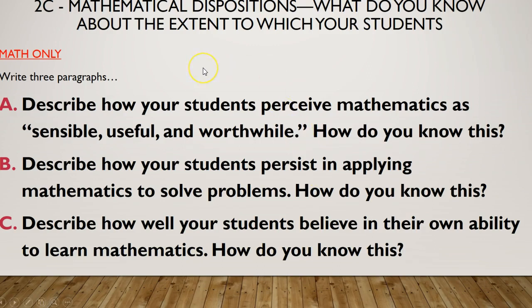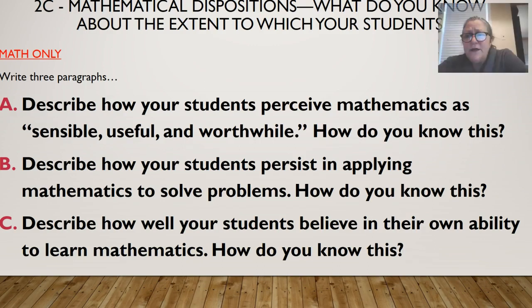When you get to 2C, this is only for math. Math has to write about mathematical dispositions. So dispositions has to do with students' feelings and attitudes toward math. So, for example, what they're wanting to know is how your students perceive math.